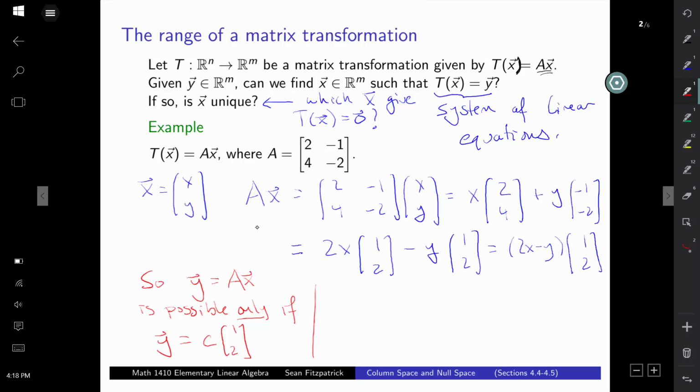And the reason there are many possible solutions is that if I do A times the vector (1, 2), what do I get? 2 times 1 minus 2 times 2, I get 0. 4 times 1 minus 2 times 2, so I get 0. So interestingly enough, (1, 2) plugged back into A gives you 0.